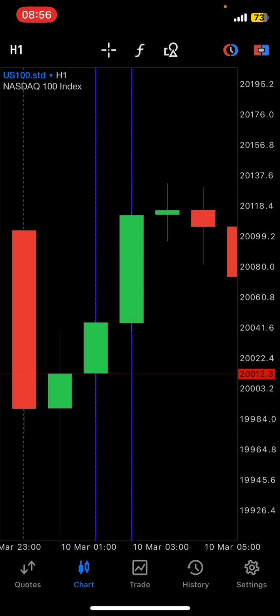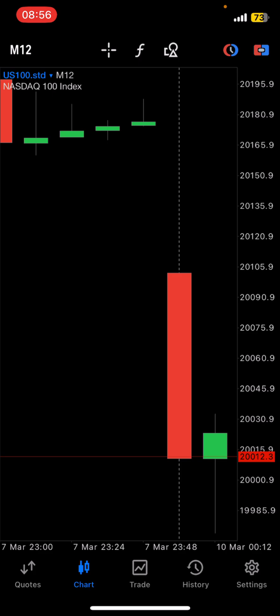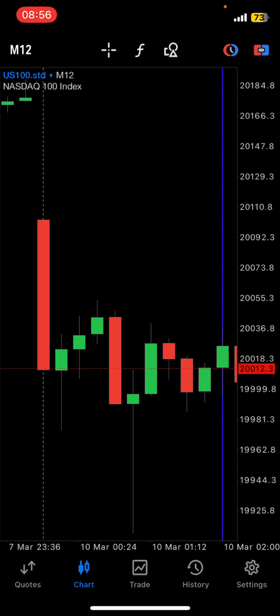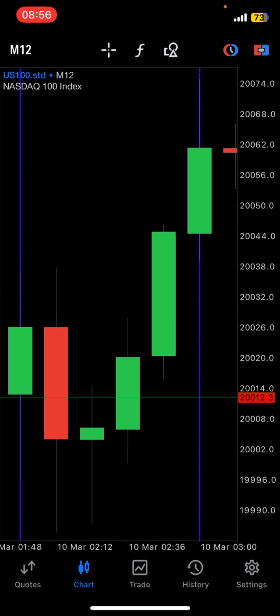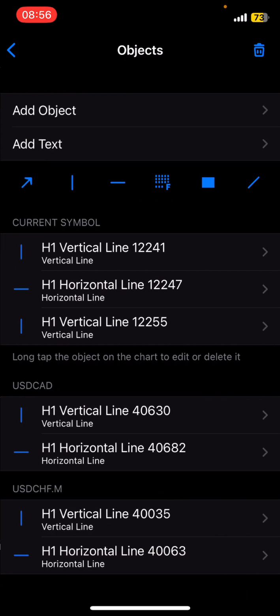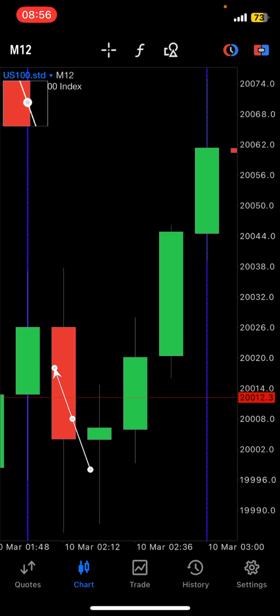So now I'm going to go to the 12-minute time frame, right? That's the 12-minute time frame, and here we are. Then we have our first 12-minute candlestick, which is this one, right?